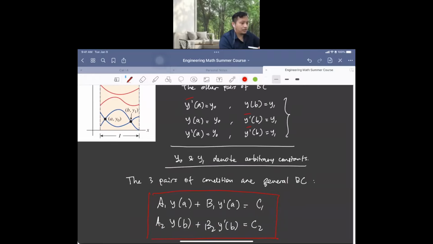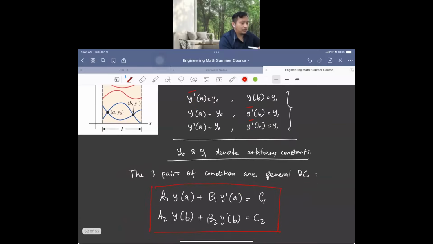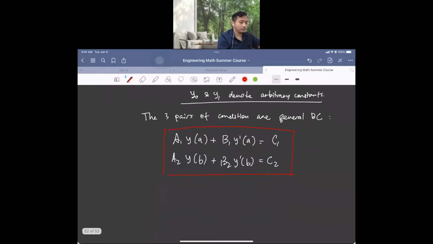So this is the more general way to see all these three pairs that can be in the functions.